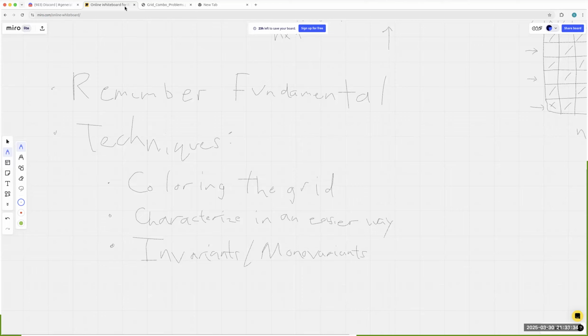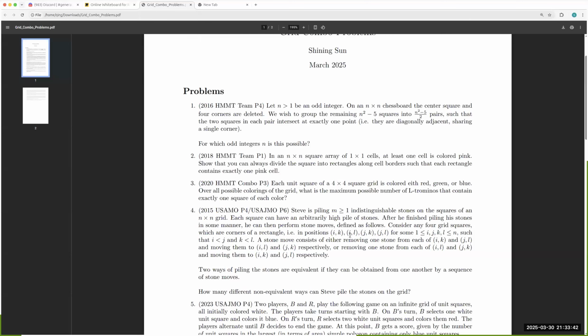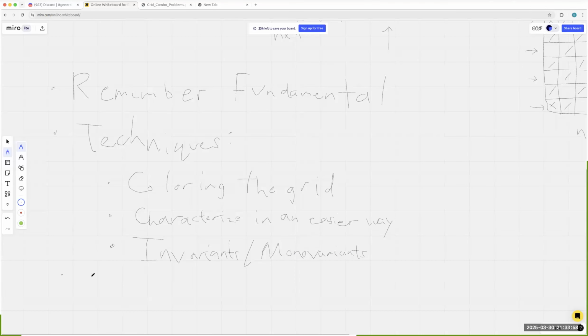I wish I could say exactly what you want to look for in a grid combo problem, but there are so many different categories of grid combo problems that it's practically impossible to describe every possible one that could appear. So what I would generally suggest is trying small cases if you can't see anything immediately.